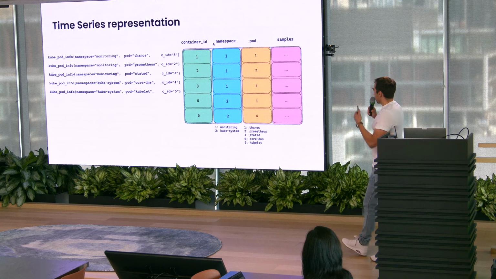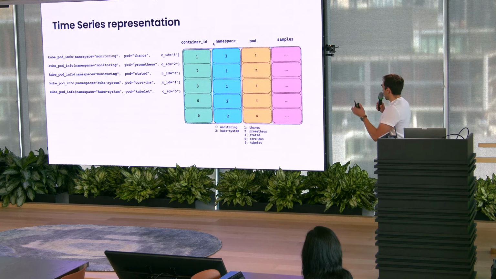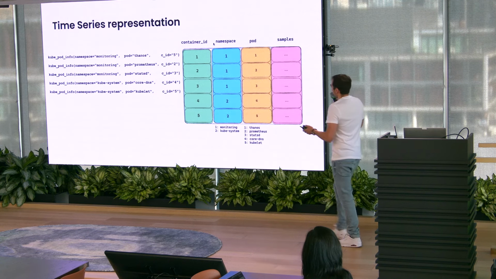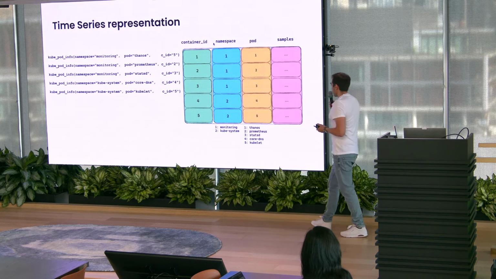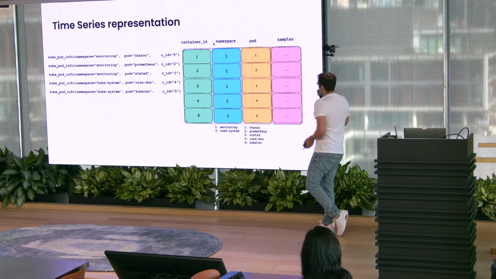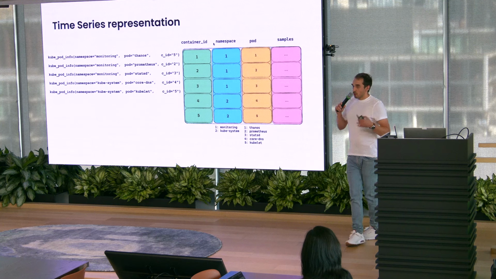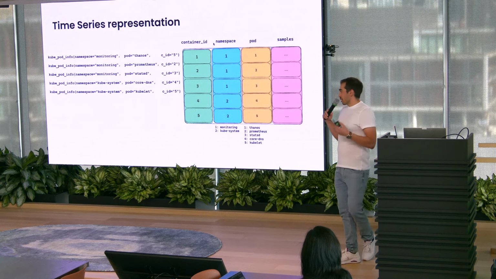For us specifically, we then apply dictionary encoding to each column, and each column gets its own separate dictionary. Here, for example, the monitoring string gets encoded as integer 1, kube-namespace gets encoded as integer 2, and then when we apply compression, that data gets super small.